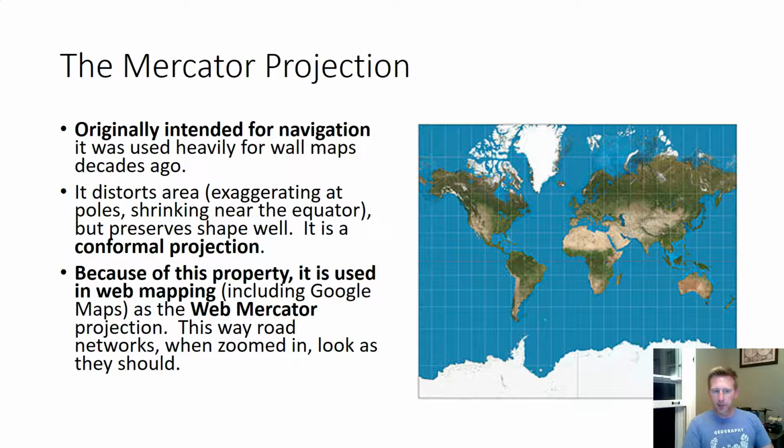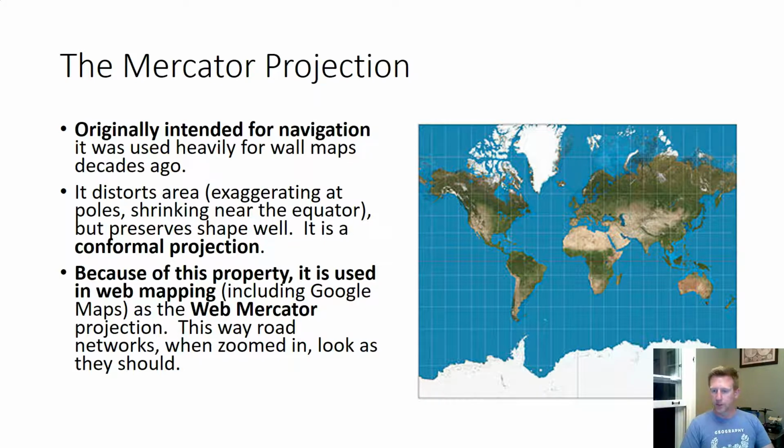One of the interesting things about this, because it preserves shape locally, but not area, so it's conformal, is that when you zoom in on it, shapes of things locally are going to look fairly good. So despite the fact that there's distortion over the global scale, at the local scale, things look as they should.